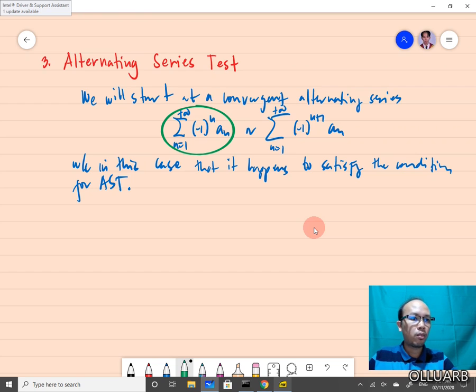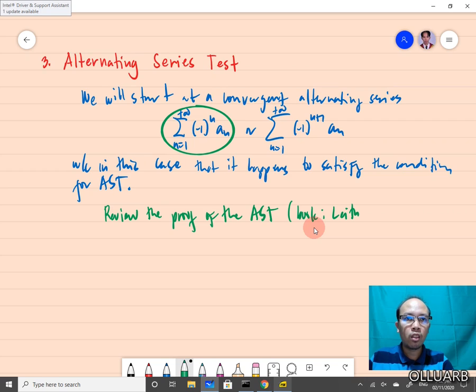So from here, review the proof of the alternating series test, probably in the book of Leithold or Larson.